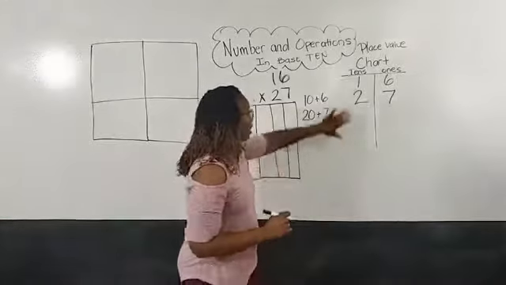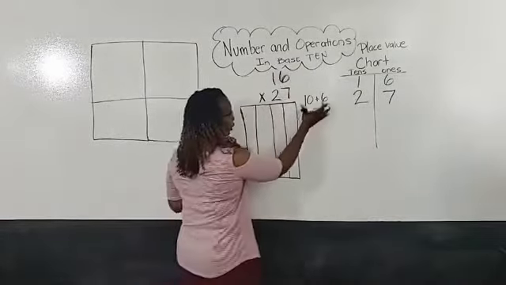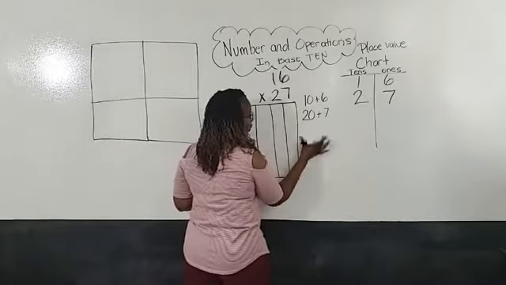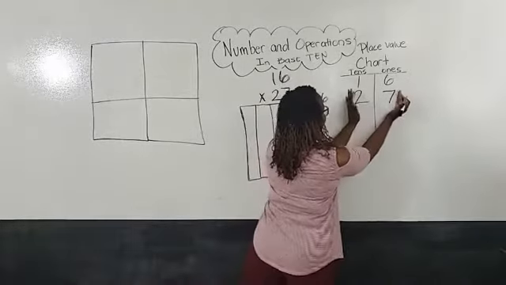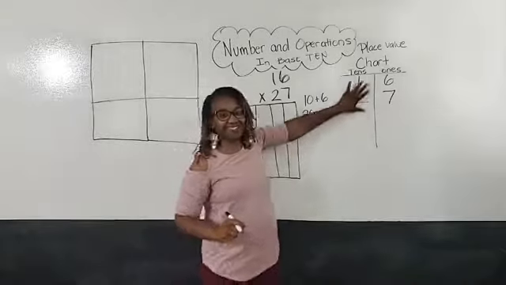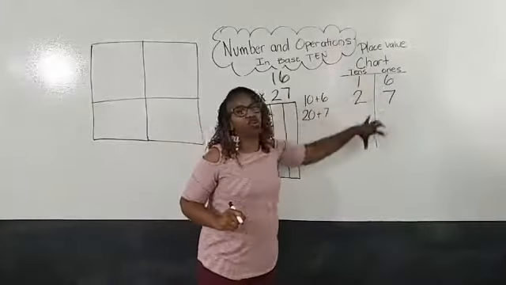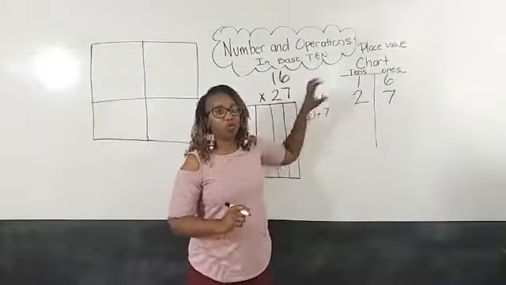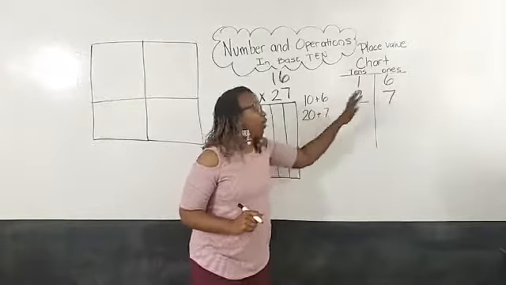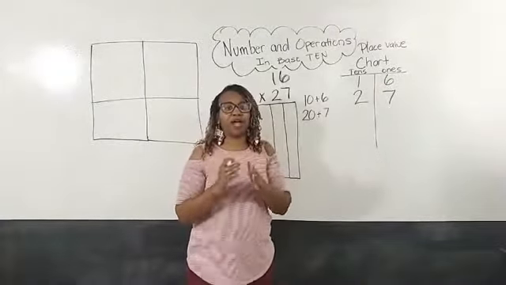Okay. So remember, I talked to you about the place value chart before. You take these numbers, you break it apart once, and then you break it apart again, and you put it into your place value chart. Now, this is not getting me my answer. This is just getting me to feel a little more comfortable with what I'm working on, right? So before I get to my answer, let me think about what numbers I am working with.